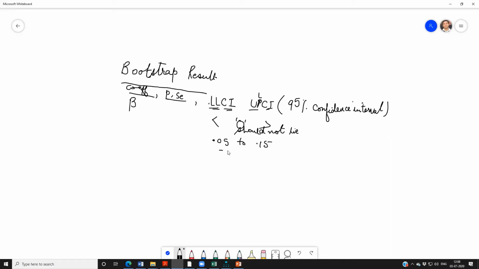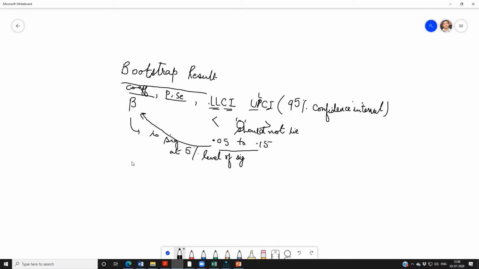Now 0 is not between 0.05 and 0.15, and therefore what will you conclude? That your beta is significant at the 5% level of significance.